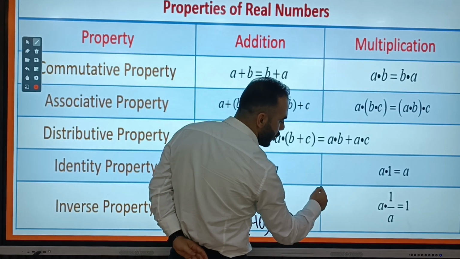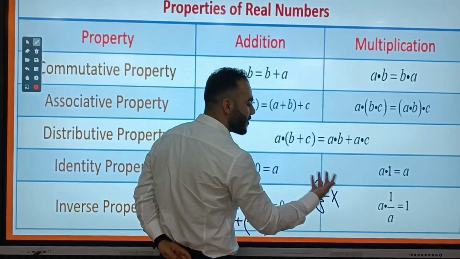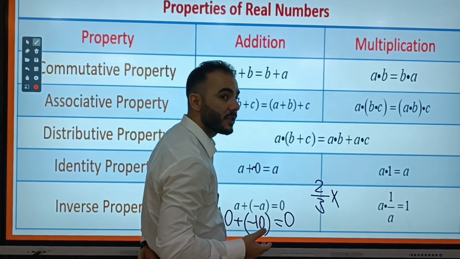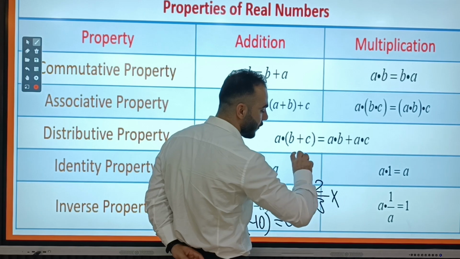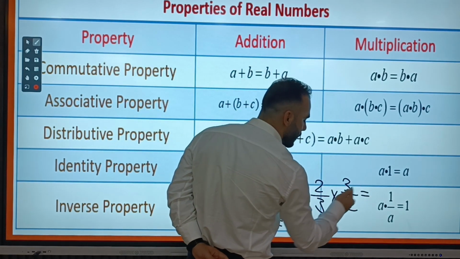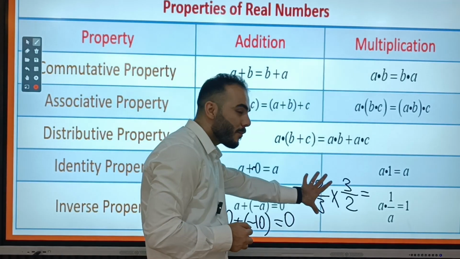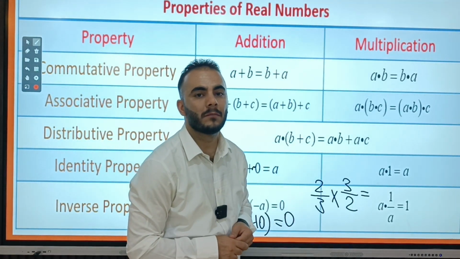Let's say a is 2 over 3. What is the inverse of 2 over 3 in multiplication? We are going to take the reciprocal form, or flip our fraction, so it gives us 3 over 2. Okay, so a number times its inverse is equal to 1.